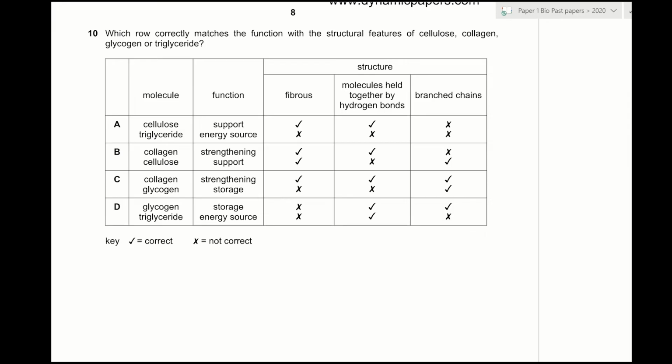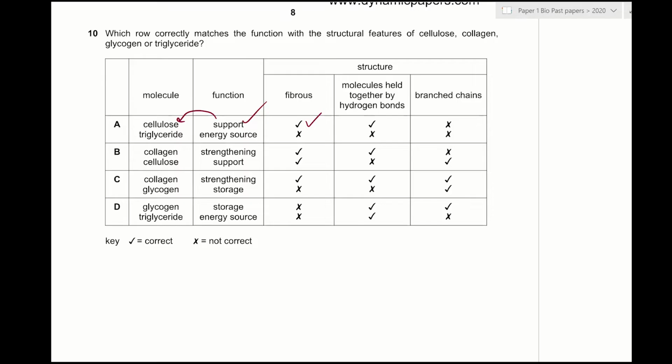Number 10. Which row correctly matches the function with the structural feature of cellulose, collagen, glycogen, or triglyceride? Let's start with A, and with cellulose. Now, we have cellulose here. The function is support. This is correct. It supports plant cells. And it is a fibrous molecule because it has a structural role, as we just said.